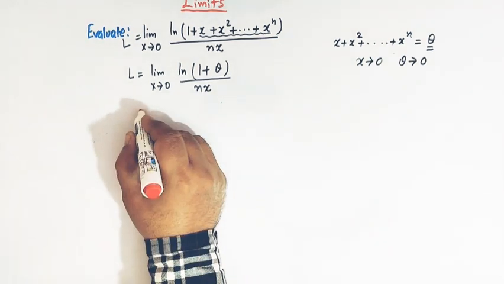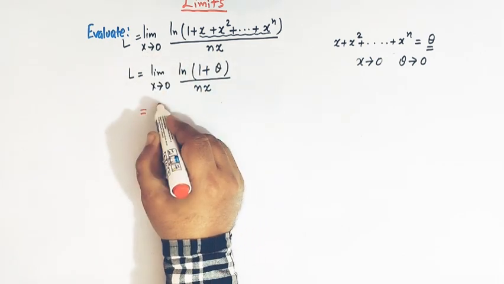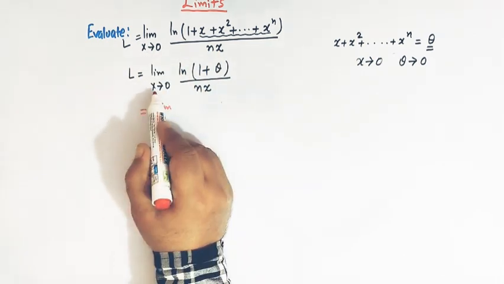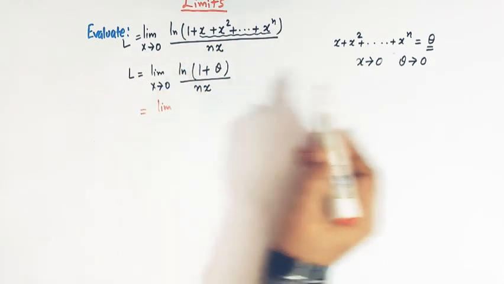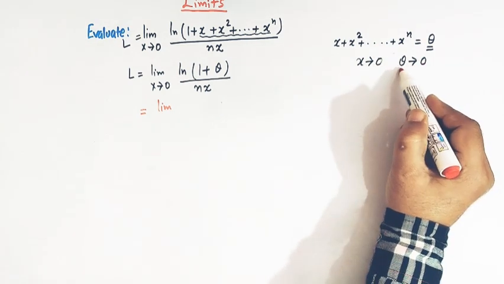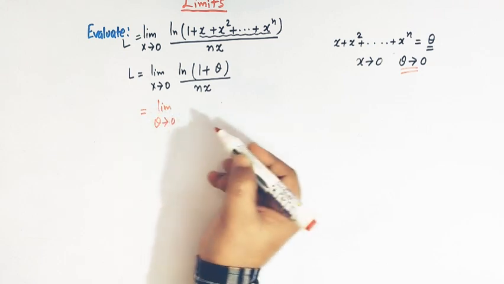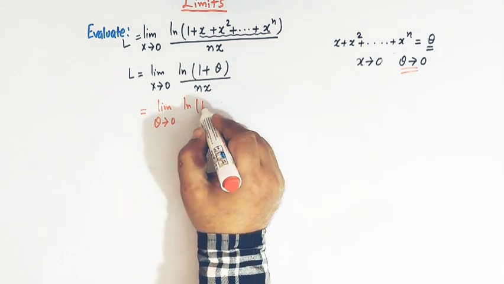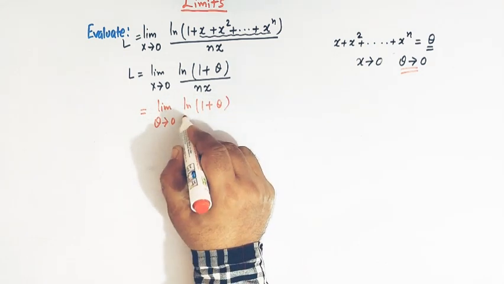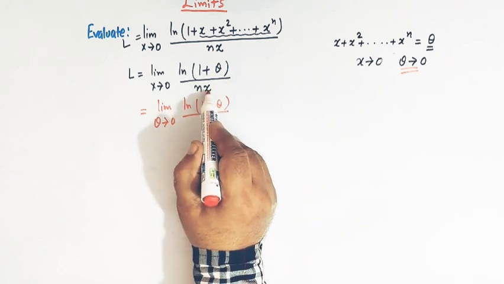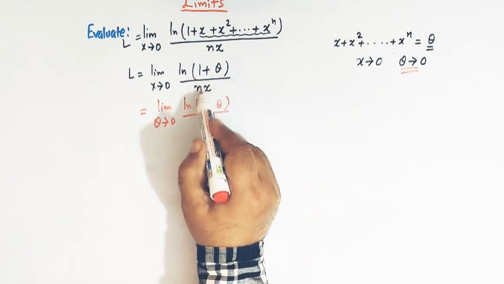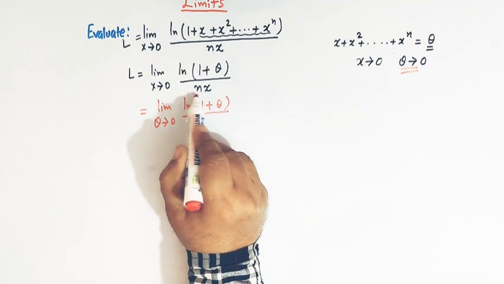So now let us write this limit. Here we have x tends to 0, so when x tends to 0, we have theta tends to 0. So we can write theta tends to 0, log of 1 plus theta. And now see, here we have a term containing x, that is nx.